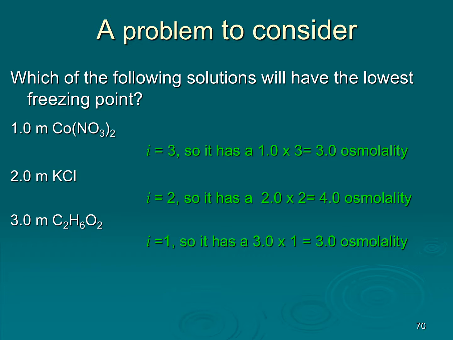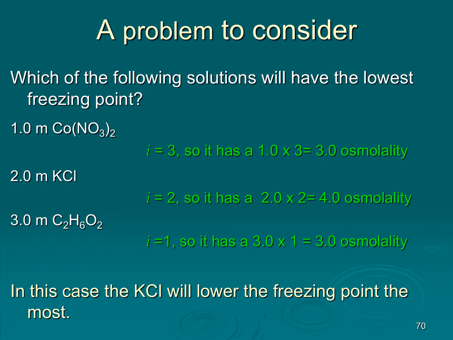The potassium chloride breaks up into 2 particles, so little i equals 2, and it will have a 4.0 osmolality. And then the ethylene glycol, since i equals 1, will have a 3.0 osmolality. So in fact, KCl will have the lowest freezing point in this case.